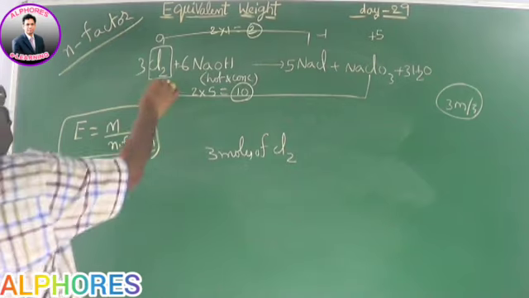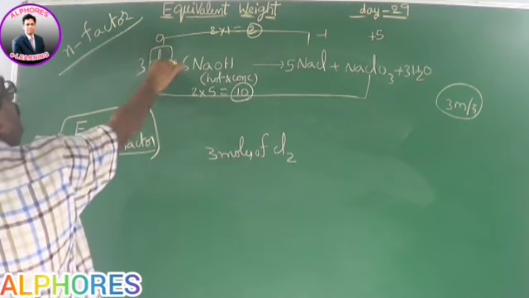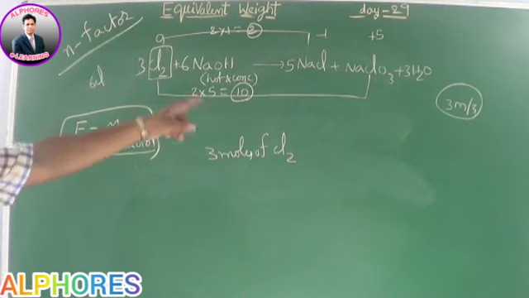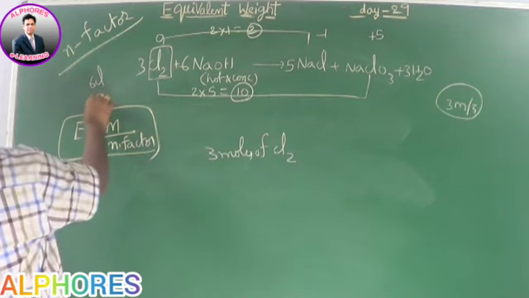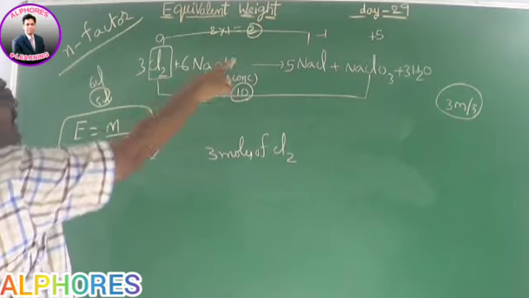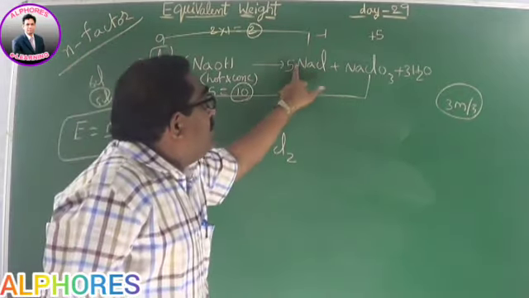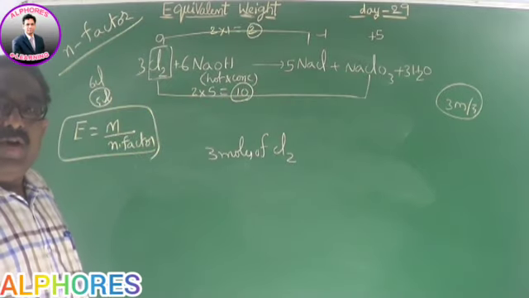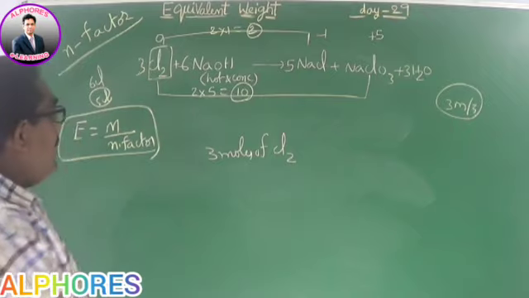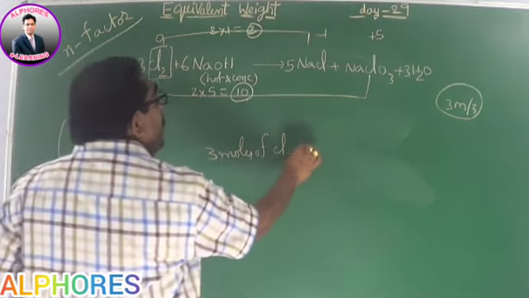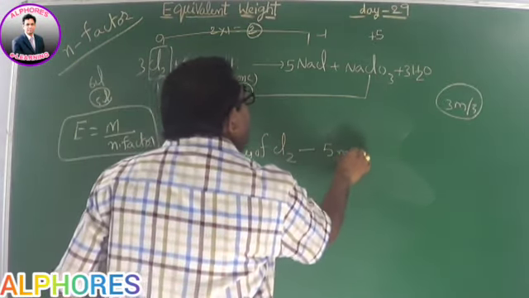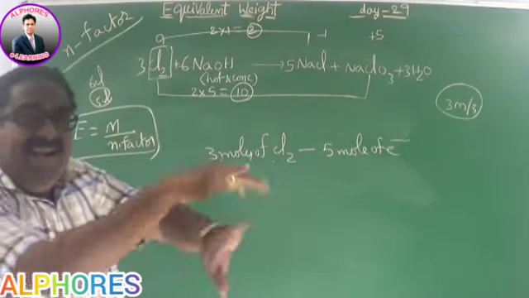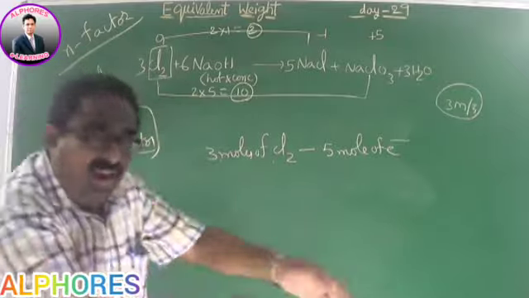Here, total 3 into Cl, total 6 chlorine atoms are there. If you observe in the balanced equation, 5 chlorines are undergoing reduction, 0 to -1, and 1 chlorine is undergoing oxidation. So, for 3 moles of chlorine, 5 moles of electrons are transferred between oxidant and reductant within the same molecule.